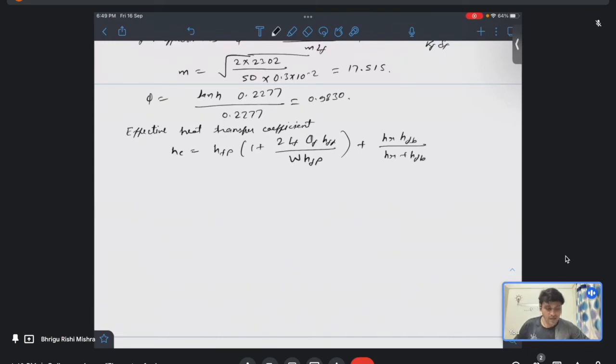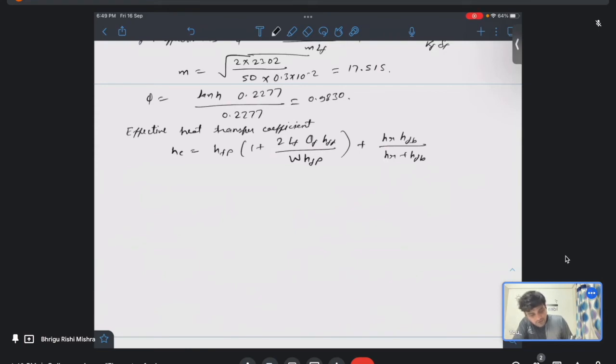So the formula of the effective heat transfer coefficient for longitudinal fins is different compared to the conventional solar air heaters.